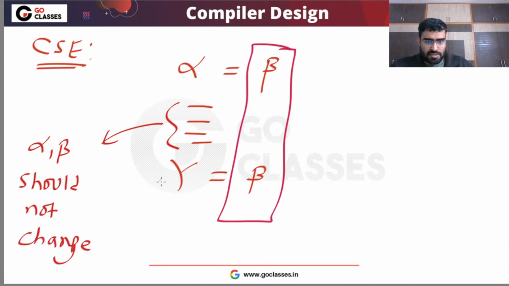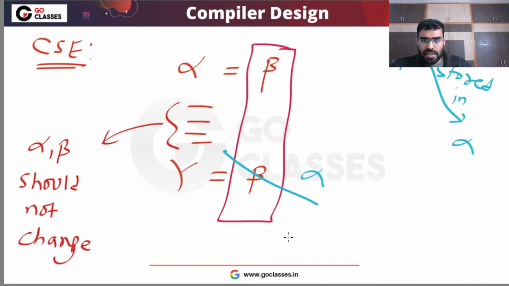Then I can replace this beta with this alpha, because this beta is already stored in alpha. So this is your common subexpression elimination.